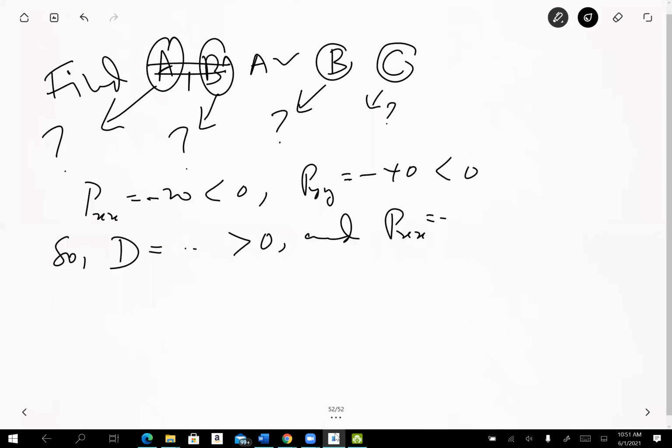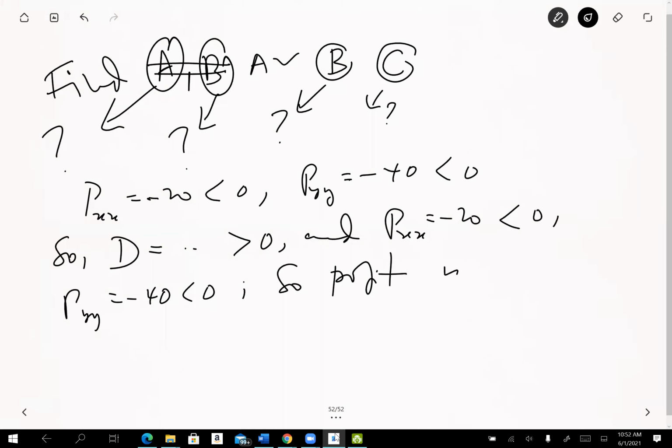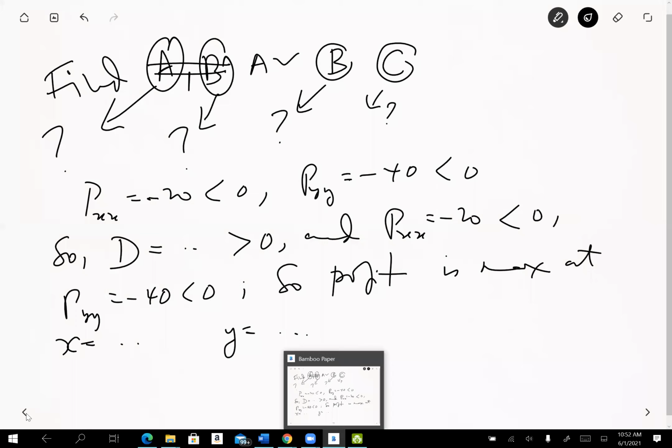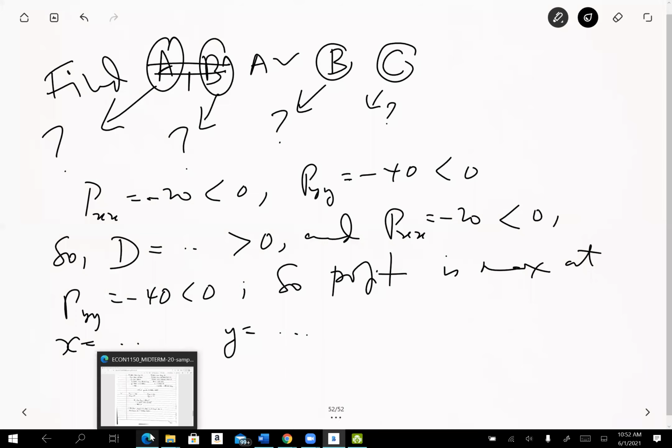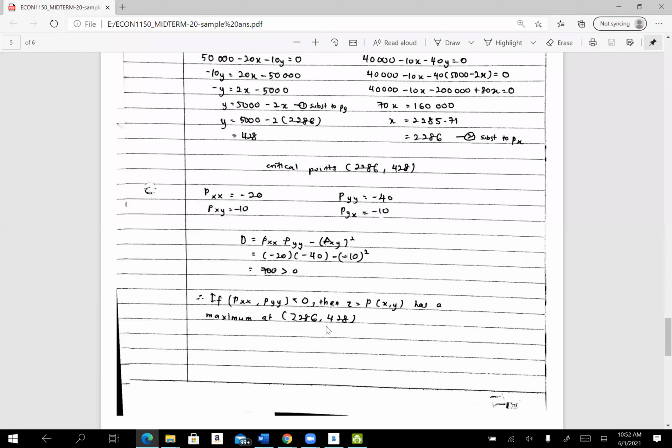So the function, say profit, is maximum at x equal to whatever, y equal to whatever. Okay, that's the point. So you say that to maximize the profit, here p has a maximum at the point, which is correct.